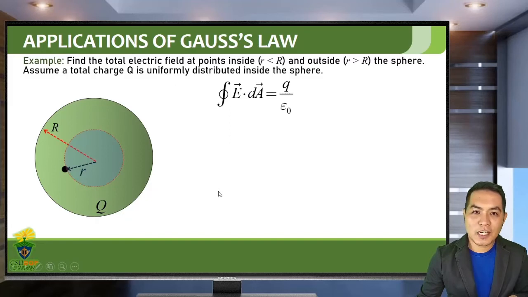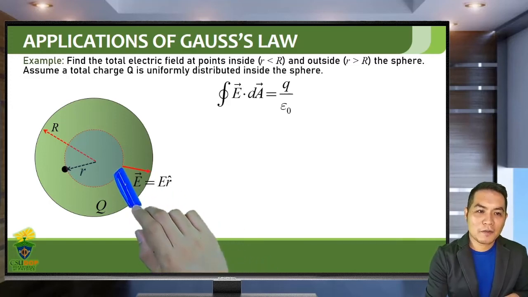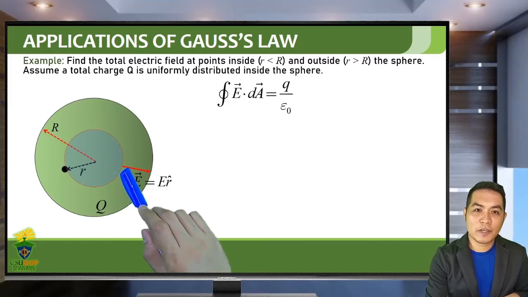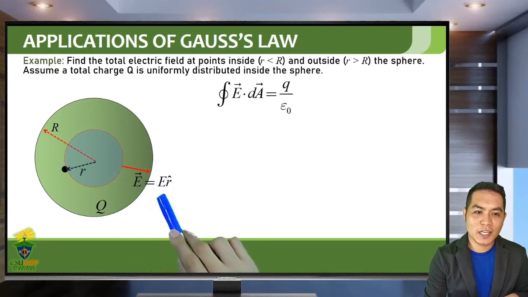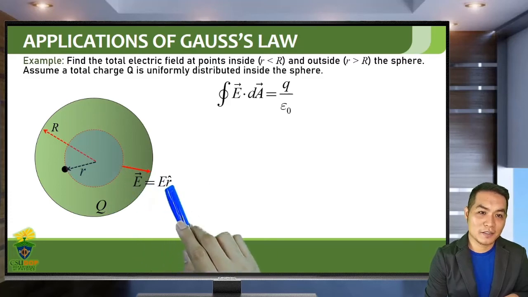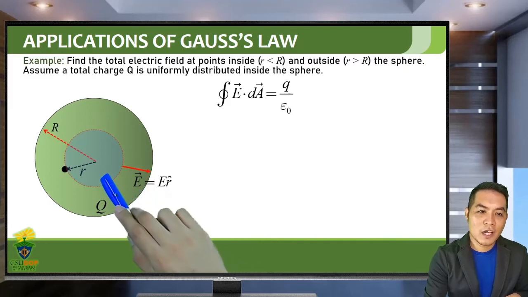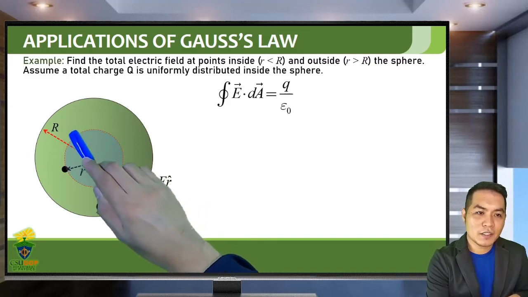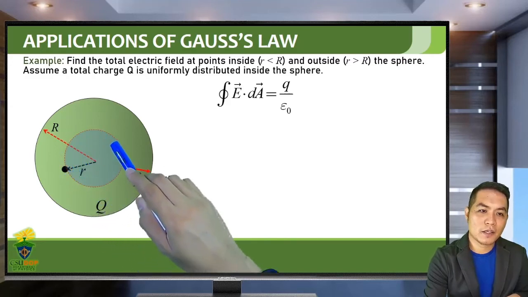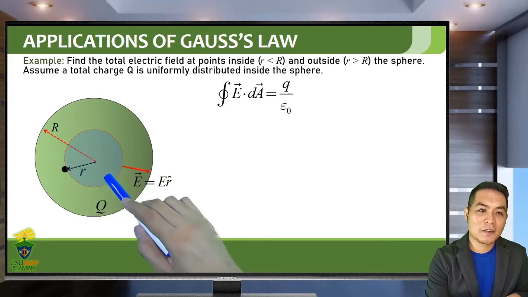We then use Gauss law in integral form. You will notice that the electric field here, assuming it's a positive charge distribution, is radially outward. It's along the r hat, the three-dimensional radius vector. At all points on the surface of our Gaussian surface, at a distance r, the electric field has the same magnitude.